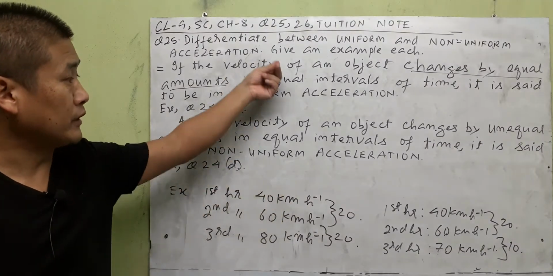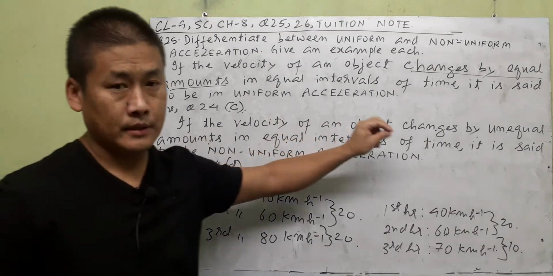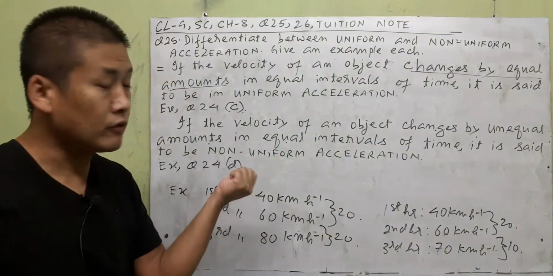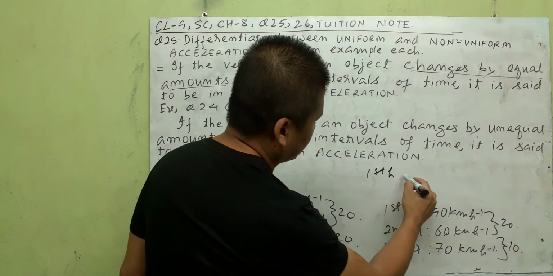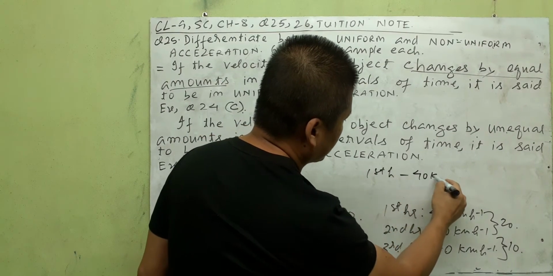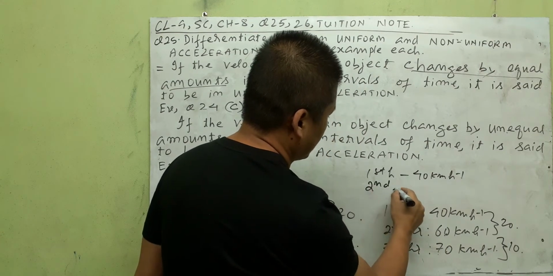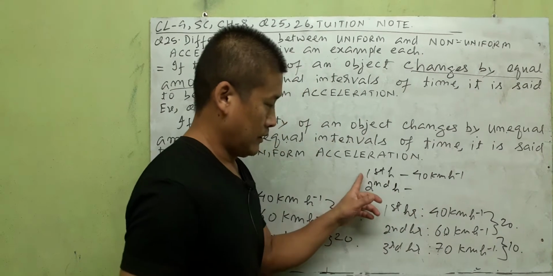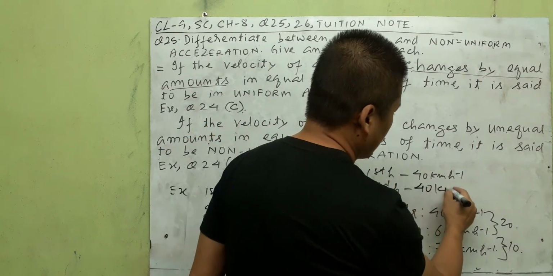Just before we go to the next question, since acceleration is a very important concept in this chapter, let us see what no acceleration is. See here, a car is traveling in the first hour at 40 km per hour. Then in the second hour, it is still traveling with the same speed.